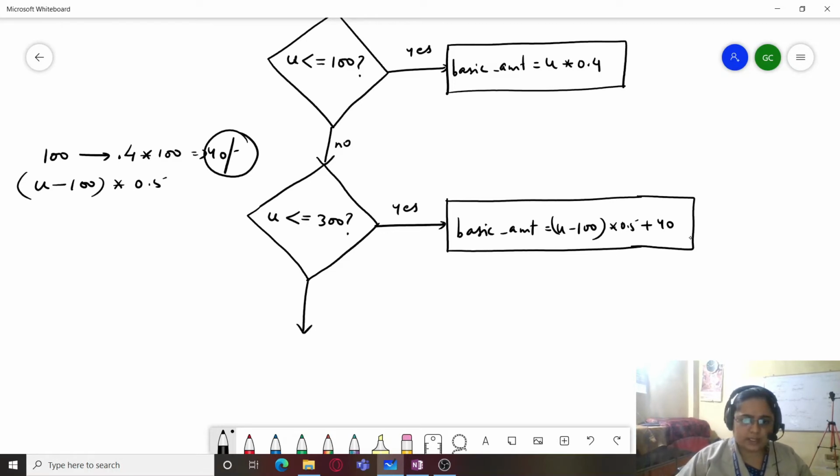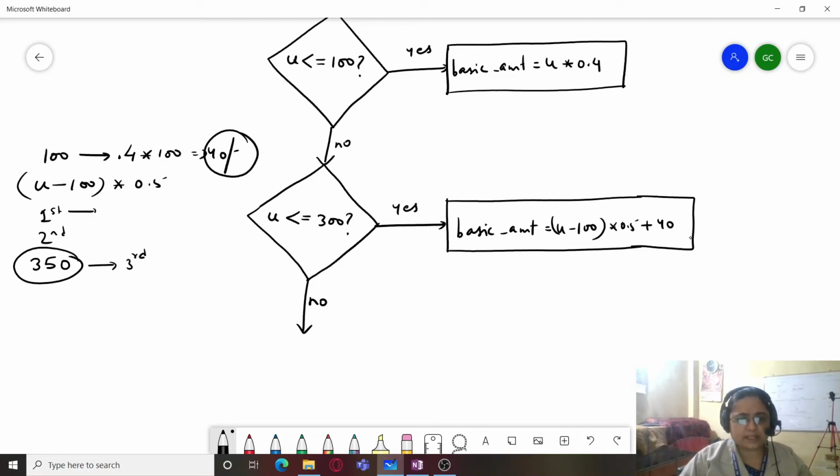Coming to the next one, that is if the number of units is not less than or equal to 300, which means it exceeds 300 and it falls within the third range. Suppose it is 350 as we had discussed. So you will be calculating the first slab also, the second slab also, and the remaining from the third slab.